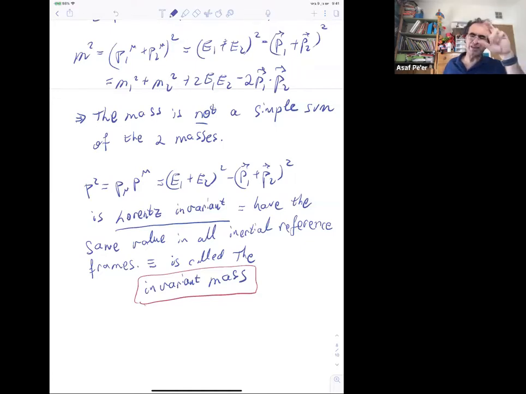Okay, now just to make sure that you're with me, note the difference between invariant quantity and conserved quantity. Invariant means it has the same value in different frames, but it's not conserved. Conserved meaning that in an interaction, which can be viewed in one frame or in another frame, in a given interaction, it is the same, right?